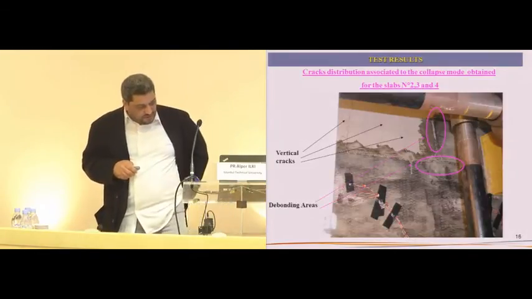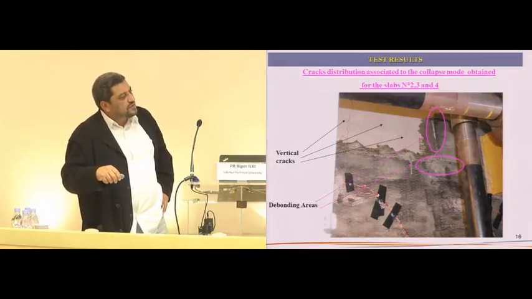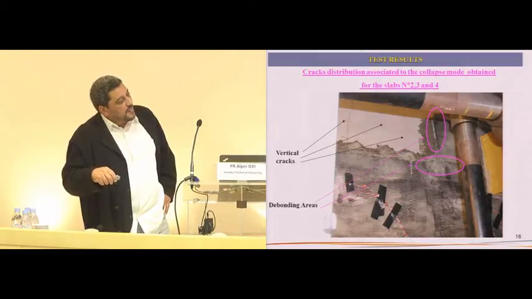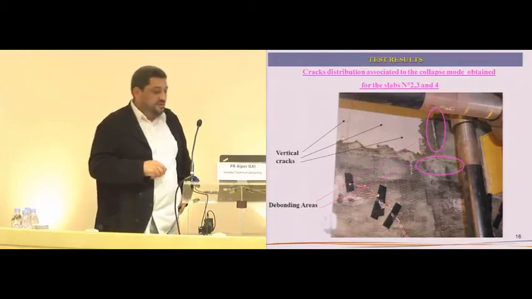Here is a photo of the cracks obtained for slab 2, but for slabs 3 and 4 we found the same results. Initial cracks every 100 millimeters, and the distance between each crack is 100 millimeters, and finally a major crack near the boundary condition of the layer, and we have debonding after the major crack appears.